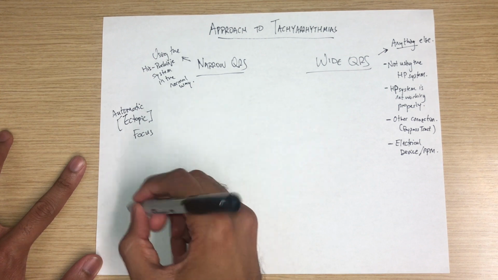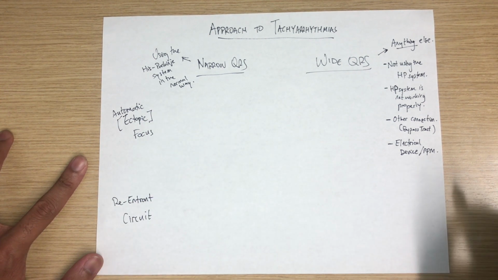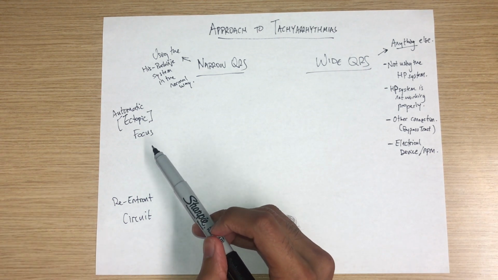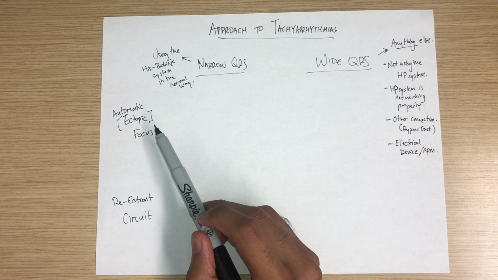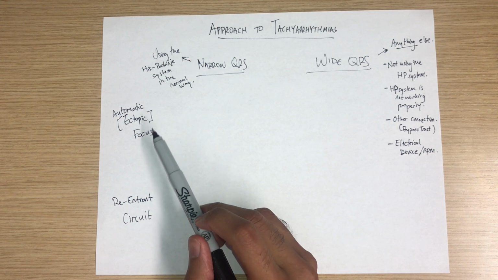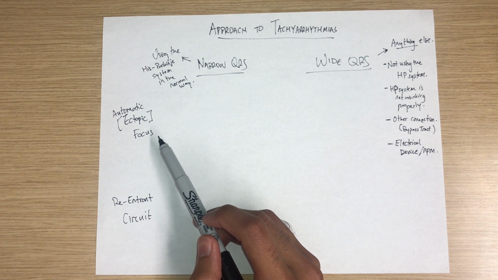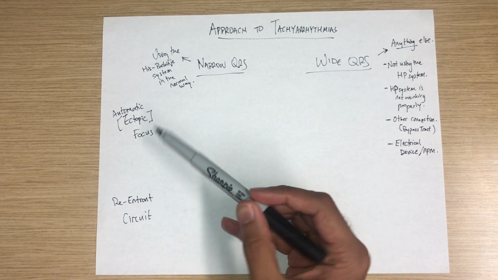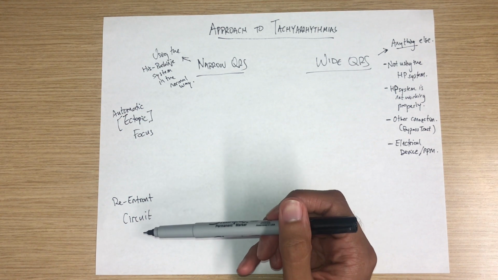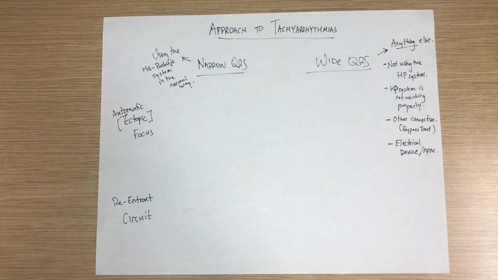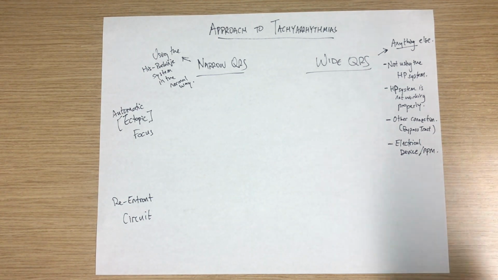Or having a re-entrant circuit. An automatic focus is when there's a single place in the heart that is firing at a certain rate. Sometimes that's normal, like in the case of the sinus node, or sometimes that can be in a different location in the atria or in the ventricles. Whereas a re-entrant circuit is a specific anatomical area of tissue where there is an electrical circuit that gets established.